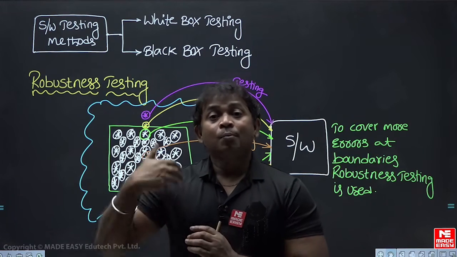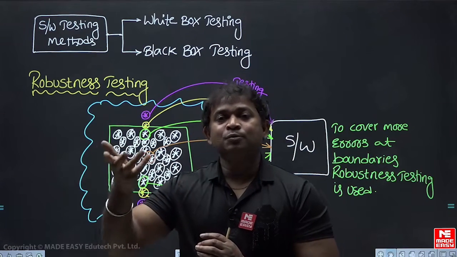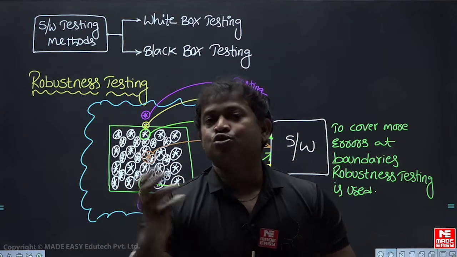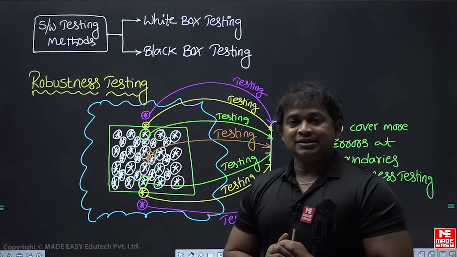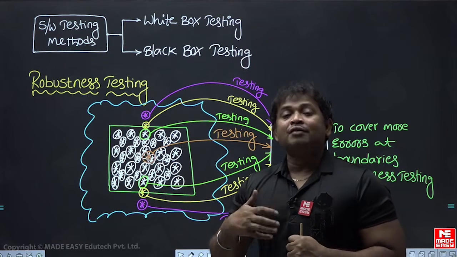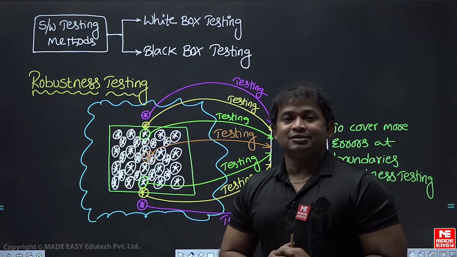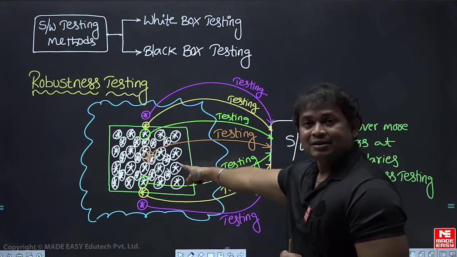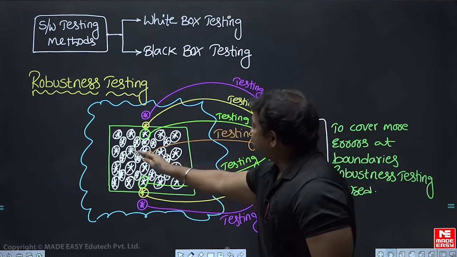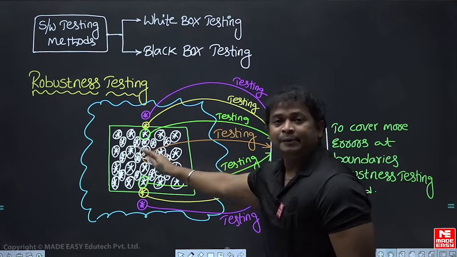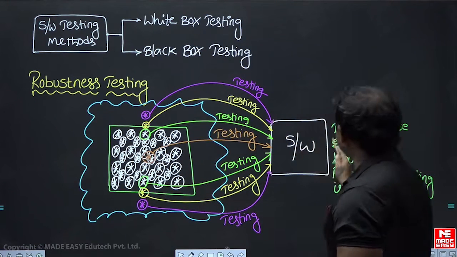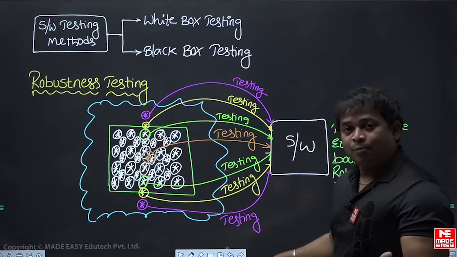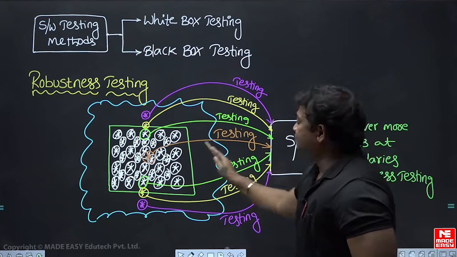To cover more errors which are possible at boundaries, the robustness testing strategy is used. Suppose this is the input domain. So many inputs are there. This is the software. When we want to conduct black box testing, we give the inputs.